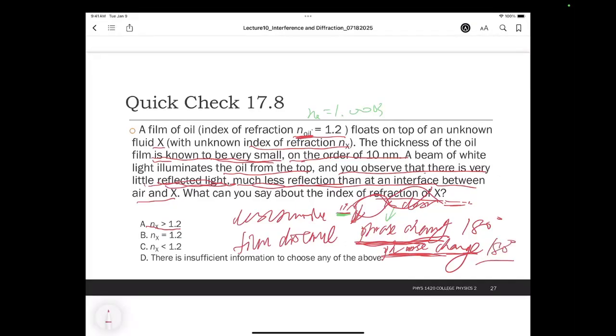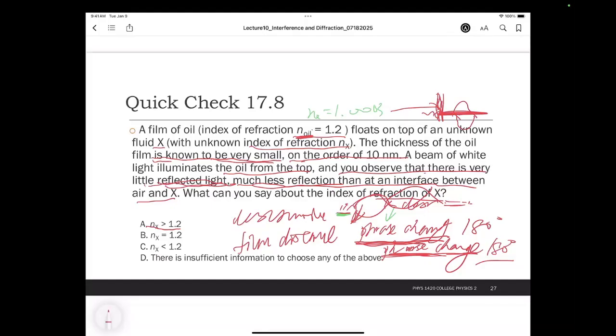For example, this is air, this is oil, and this is fluid X, and there is a 180 degree change at each interface, which means it will have destructive interference. Does it make sense to you?